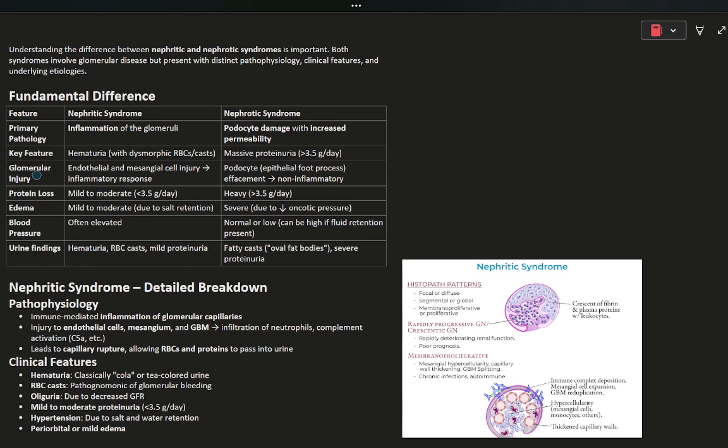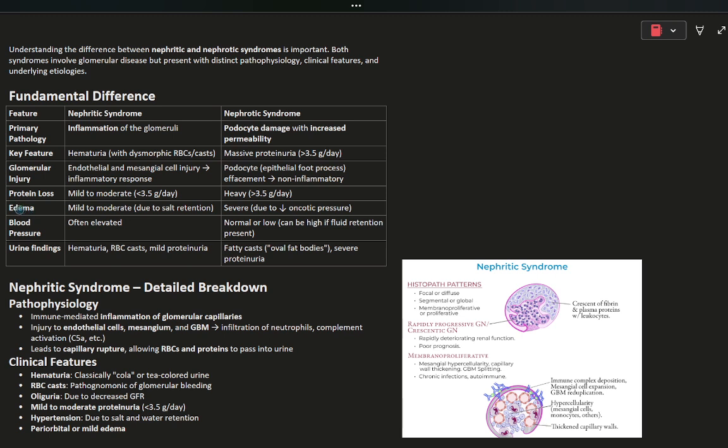For the glomerular injury involved, it is going to be an endothelial and mesangial cell injury, which is going to trigger an inflammatory response. For protein loss, it is going to be mild to moderate in nature, with less than 3.5 grams of protein lost per day.